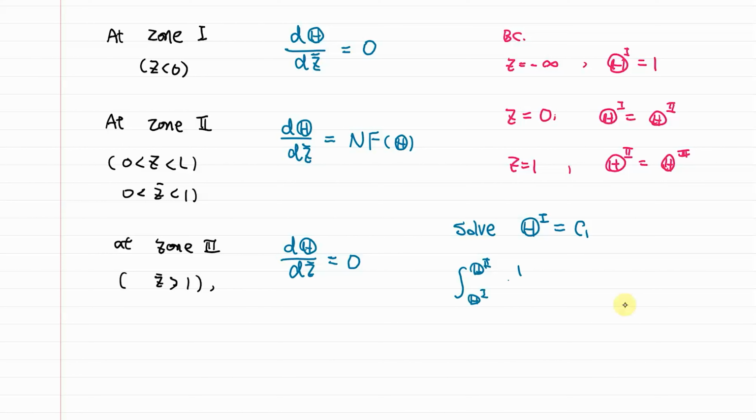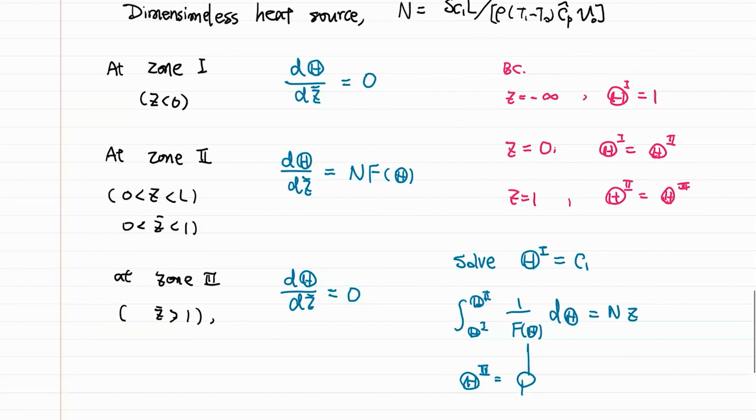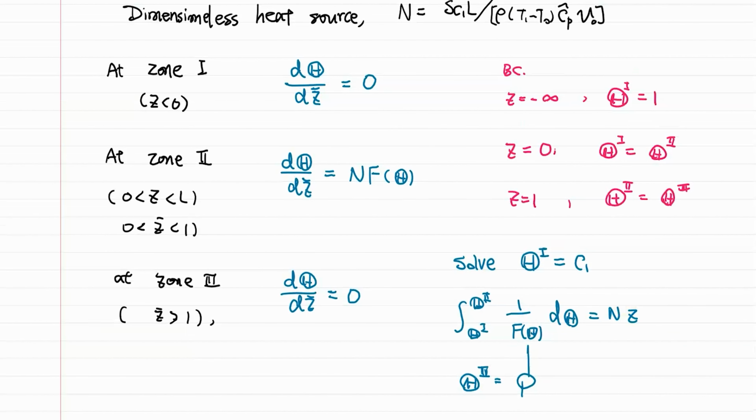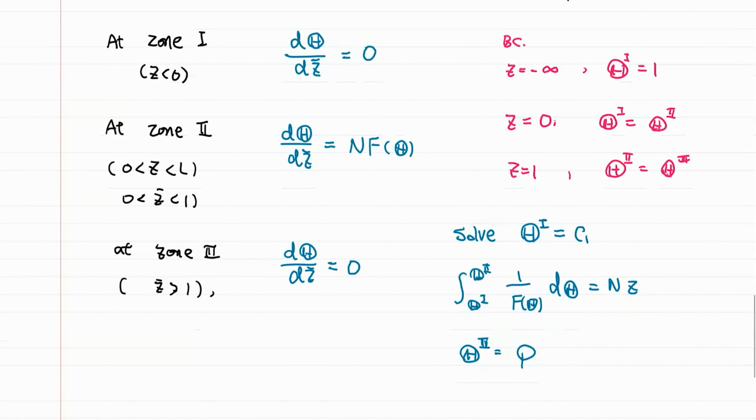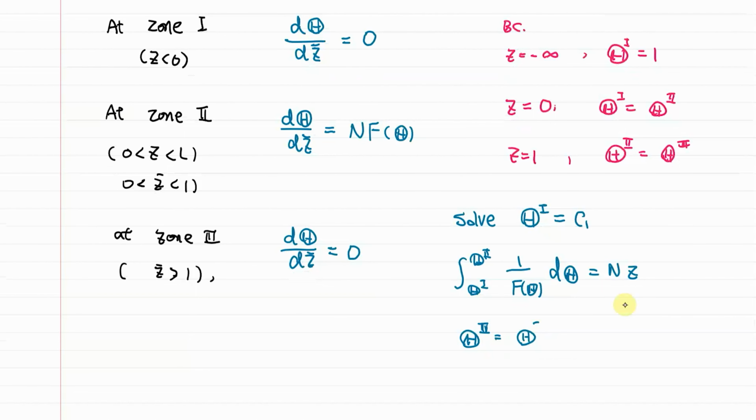The integration of dH equals N times Z, and then also the temperature in Zone 3 equals the temperature in Zone 2 at Z equals 1.